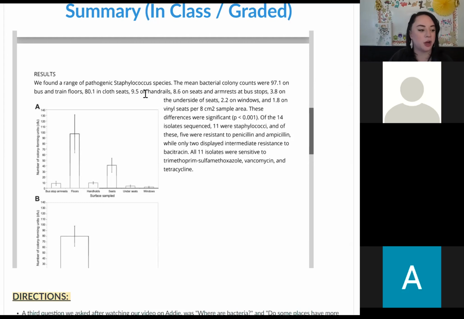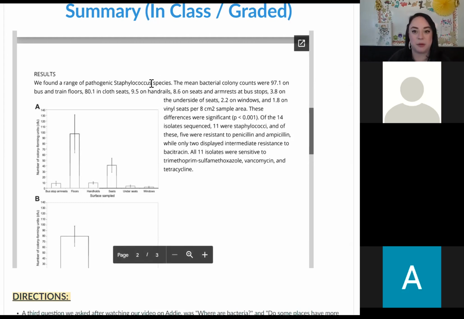If I tell you that COVID is pathogenic, what does that make you think about Staphylococcus being pathogenic?